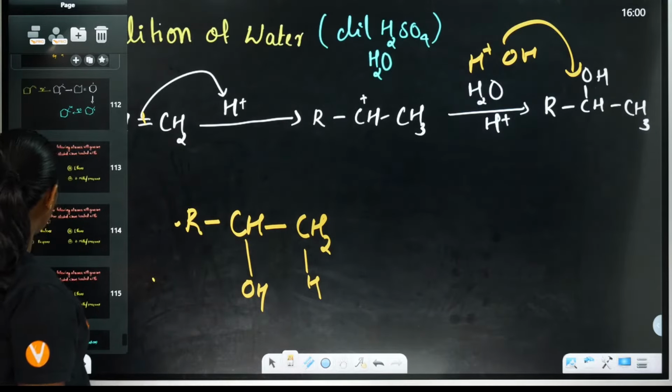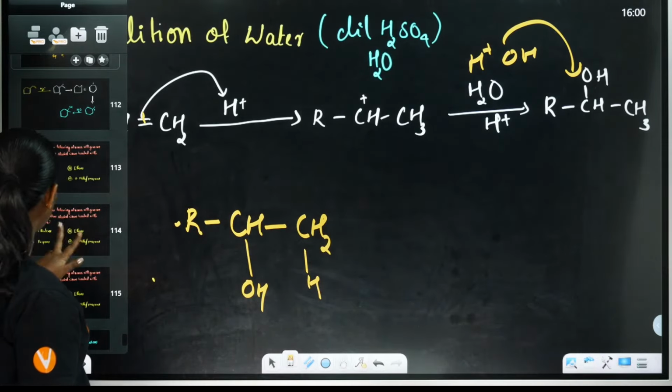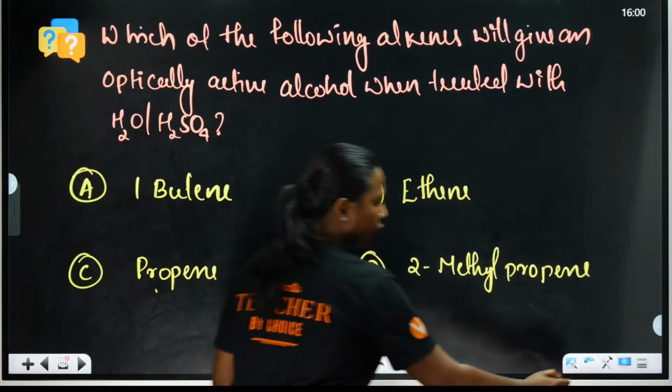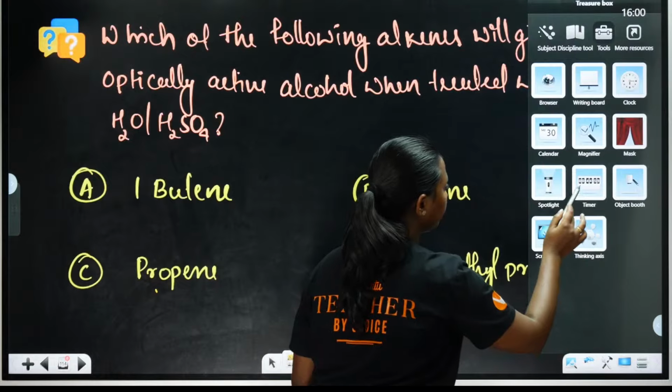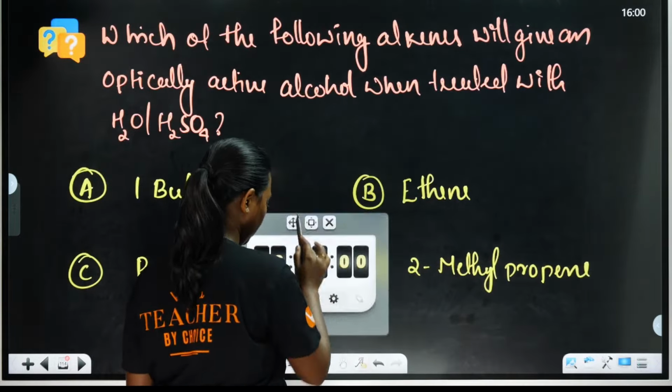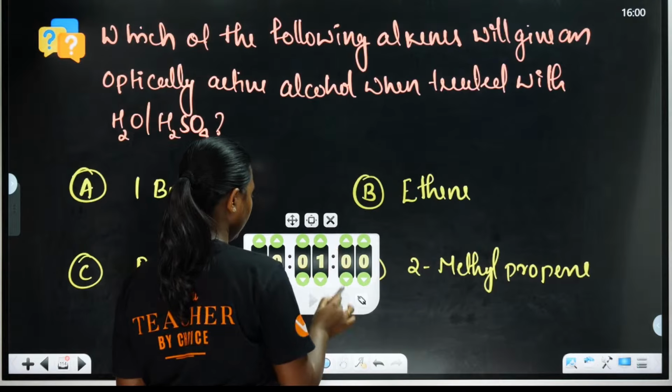Then we can move to next question. This is same question only. Okay, do it fast. இதுக்கு அப்புறம் alkenes ம் இருக்கு. 1 minute.